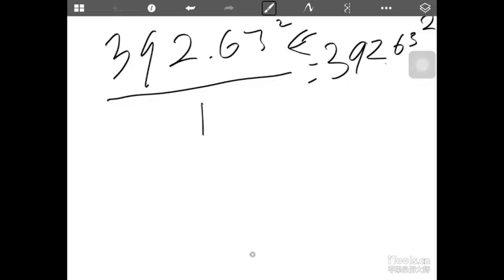So dividing by 1 is the simplest thing you'll ever know in your math life.